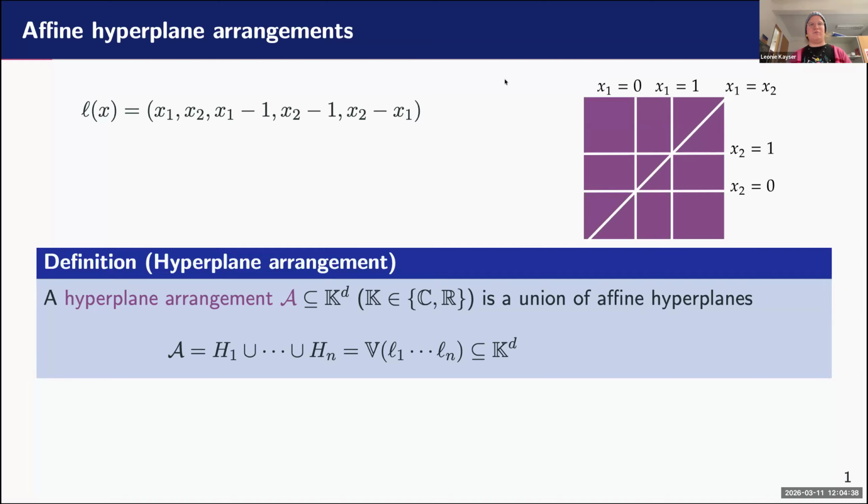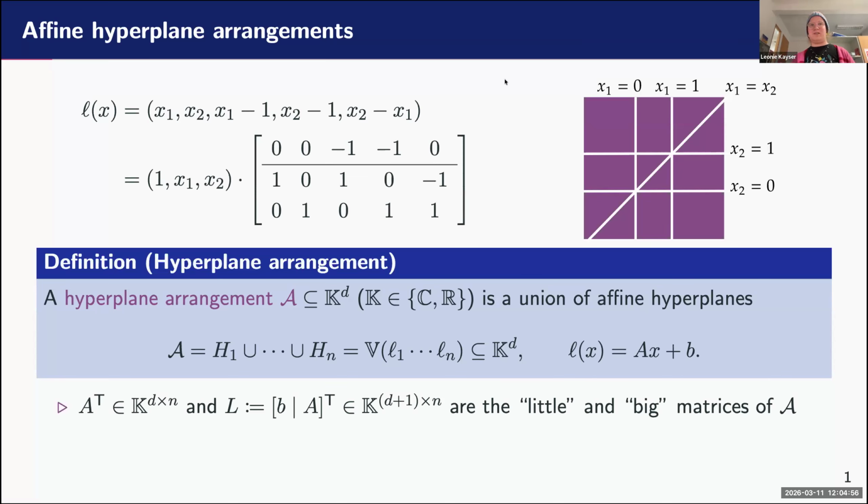And if you're familiar with only homogeneous hyperplane arrangements, where there is no constant term, I will in a second tell you how to translate between these two worlds. But this is a very nice structure, and the way we encode this is usually by giving the coefficient matrix of these linear equations, where we single out the first row, which are the constant terms, and then the remaining part of the matrix are the linear terms.